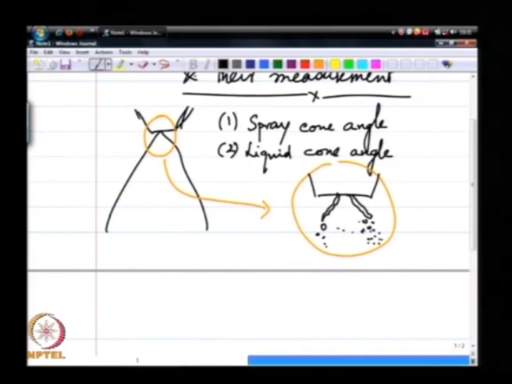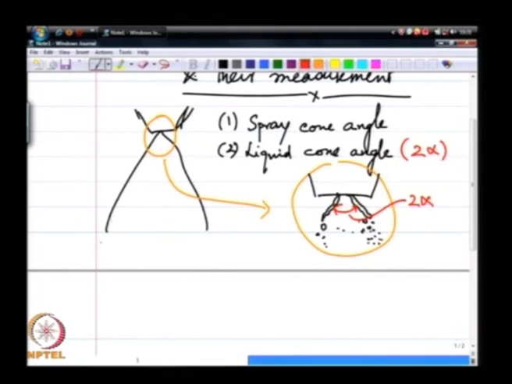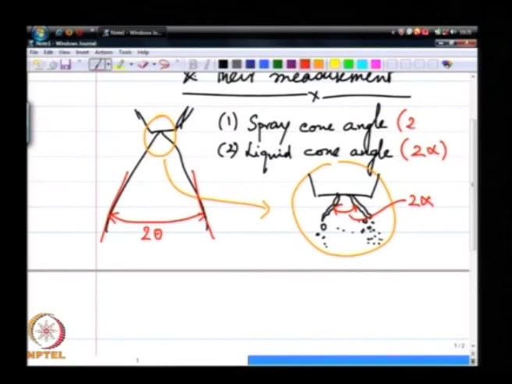This cone angle subtended by the liquid sheet itself is what is often referred to as the liquid sheet cone angle, and the measurement that you can make of the spray part itself slightly downstream is what we will often call the spray cone angle.